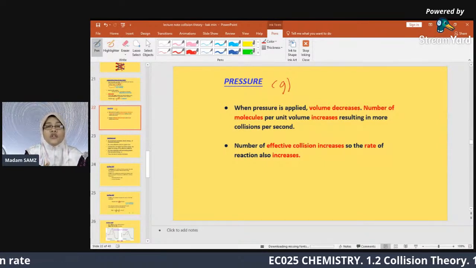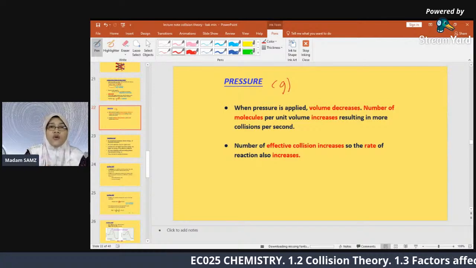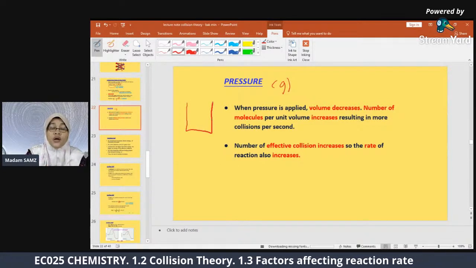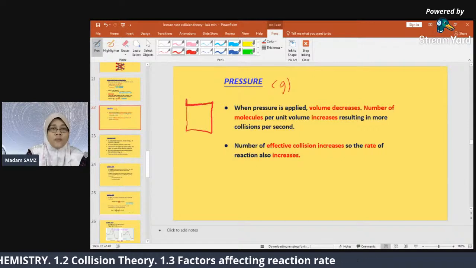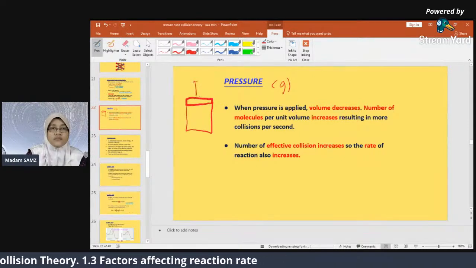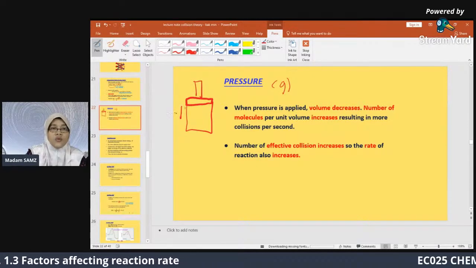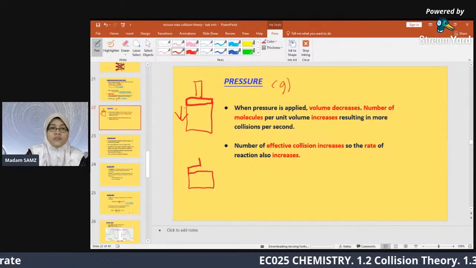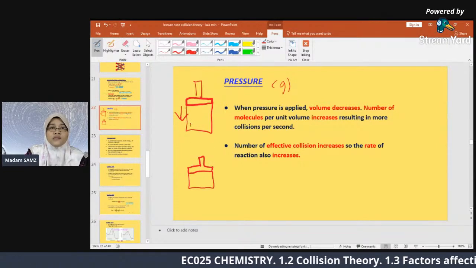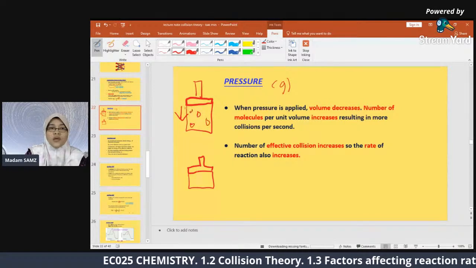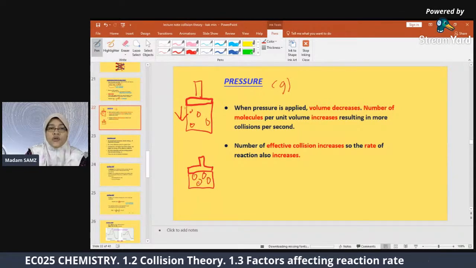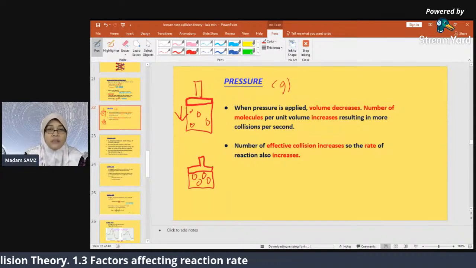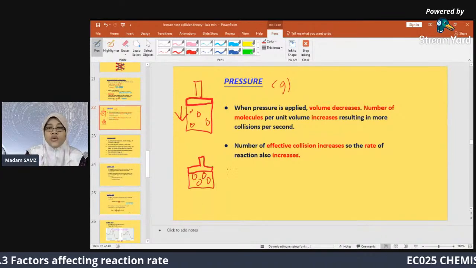All right. So when pressure is applied, when we compress a container containing reactants, what happens is the reactant molecules are closer to each other.